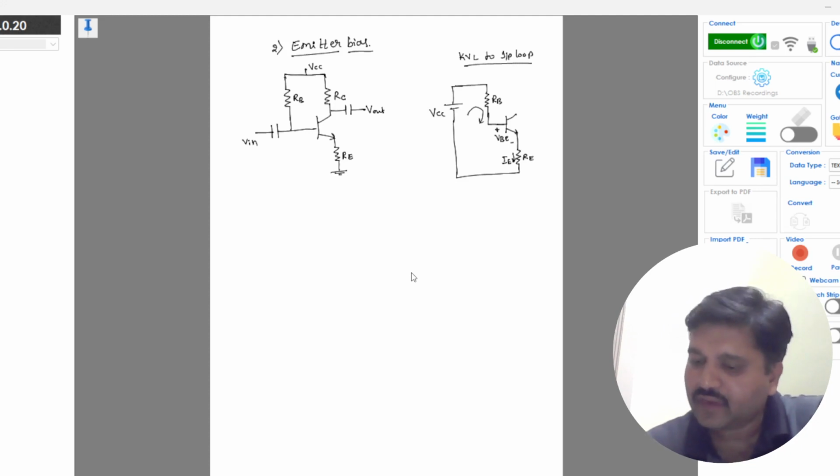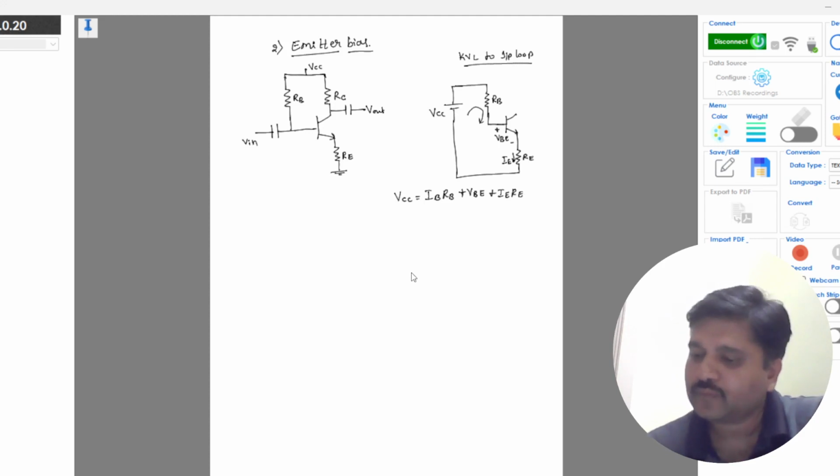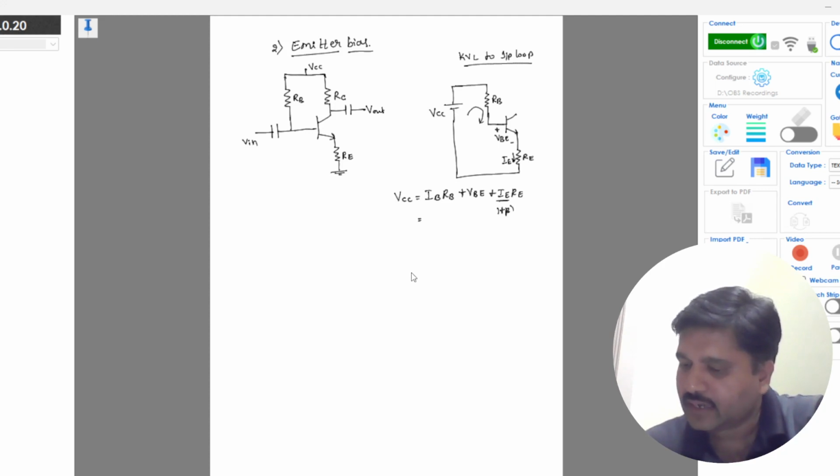So applying KVL for this loop, you will get VCC is equal to IBRB plus VBE plus IERE. Substituting IE in terms of IB, it is 1 plus beta times IB into RE.